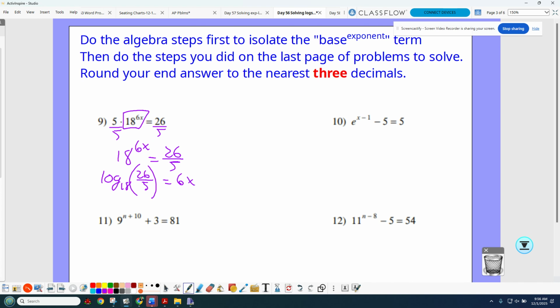Wait, what do you mean, like log of 26 over 5 over log 18? Yep. And then the last thing would be to divide by 6. So go through the typing and figuring it out. What do you end up with?